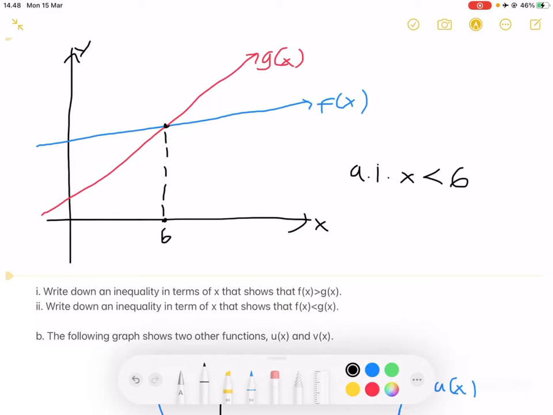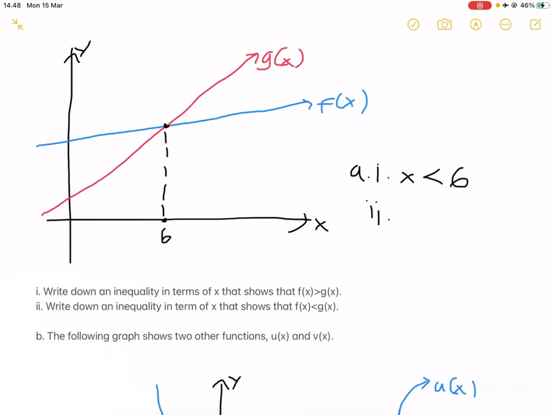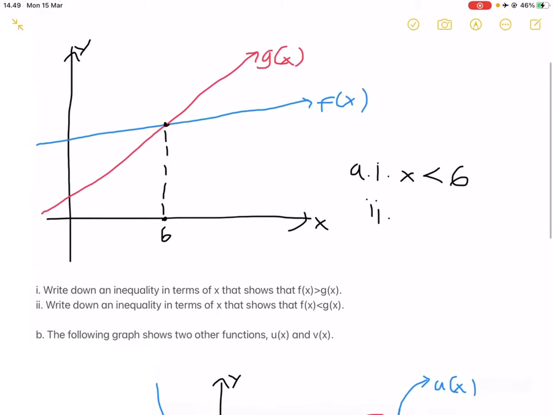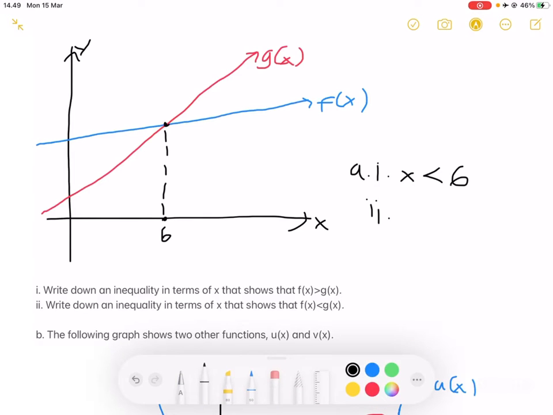And we need to also write down the inequality in terms of x that shows that f of x is less than g of x. In other words, f of x is below g of x, or I should have said that the output of f of x is less than the output of g of x.